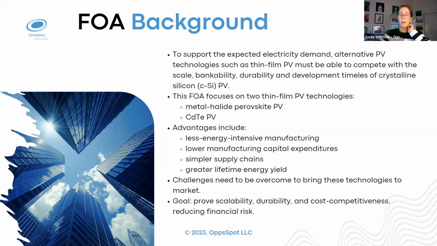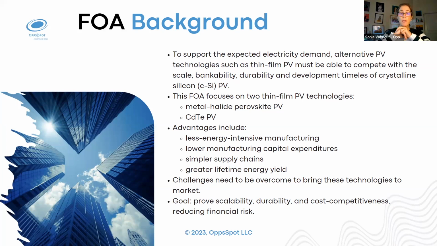The idea here is how do we increase the scalability, bankability, durability, and the development timelines. So keep in mind that if you are going to submit a proposal for either one of these topics, you're looking to overcome the current challenges of crystalline silicon.